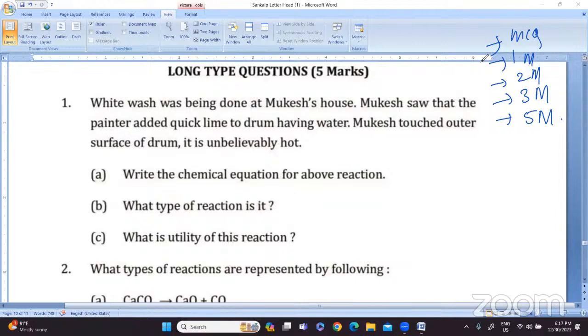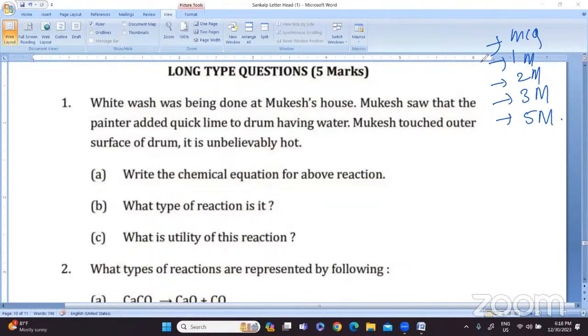Yes, students. Whitewash was being done at Mukesh's house.